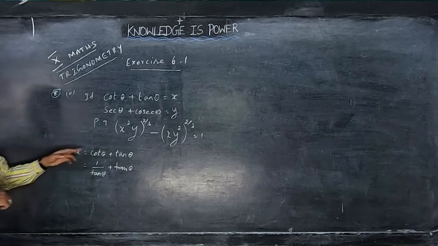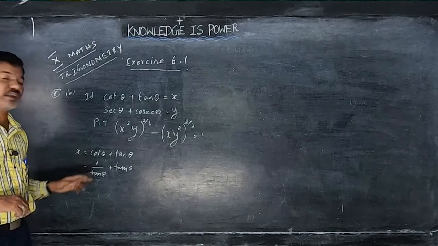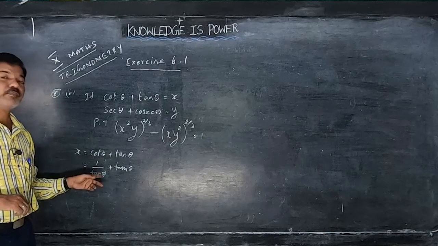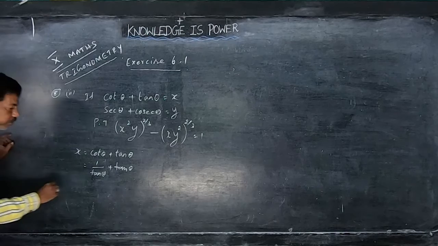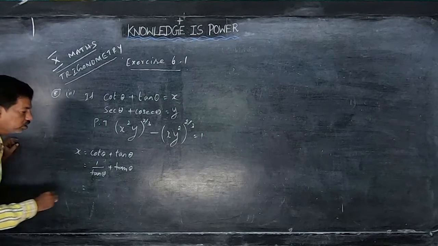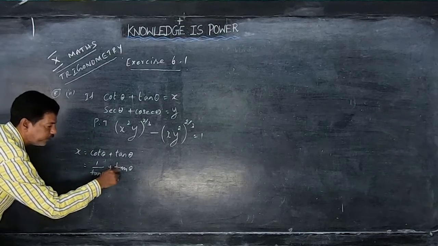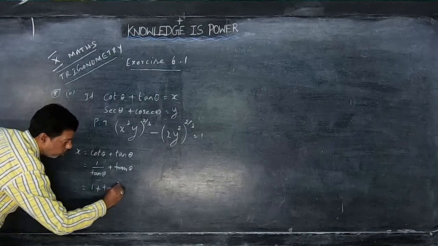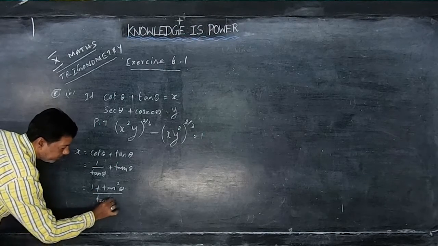There is another format: cot theta can be written as cos by sin. We can also write it as cos by sin, but according to this sum I am writing it as 1 by tan. 1 by tan is cot. Now 1 plus tan into tan, square theta divided by tan theta.